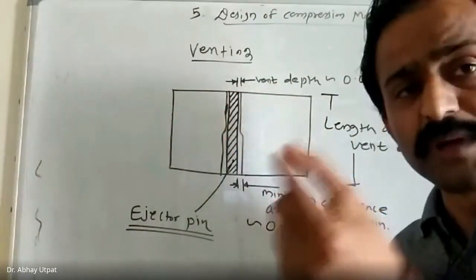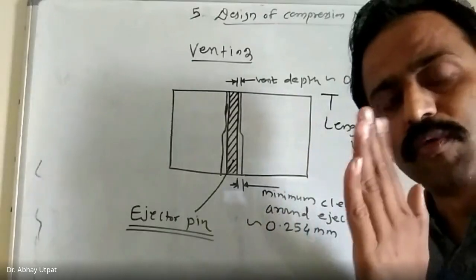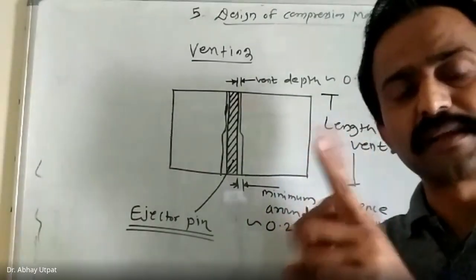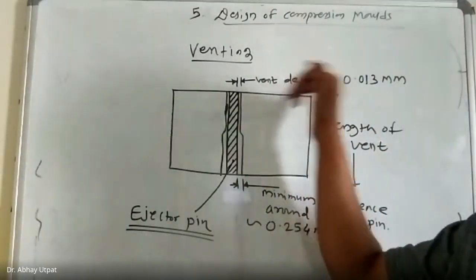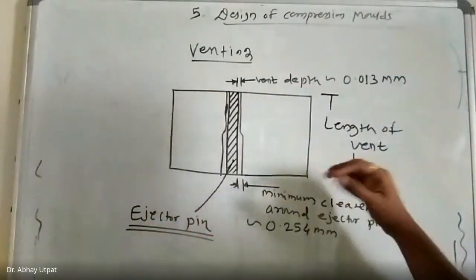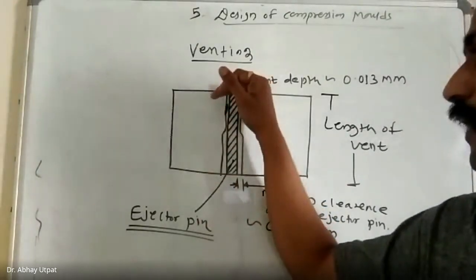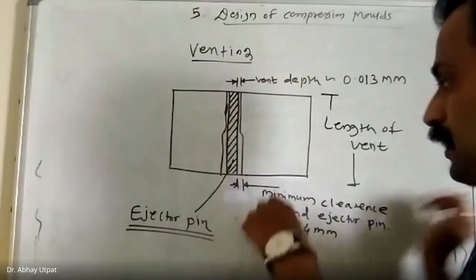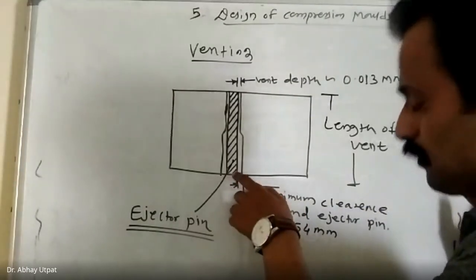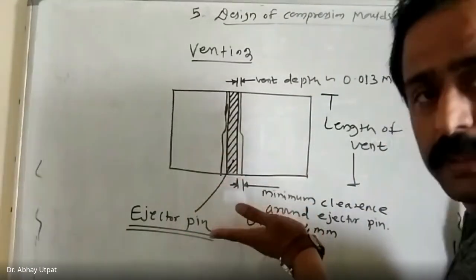The meaning of depth of vent is the gap between the inner surface of the hole and the ejector pin. That is called the depth of the vent. And length of the vent starts from what? Suppose the ejector pin starts from here and opens here. Actually, this leads to the mold directly. Here your component is below it.